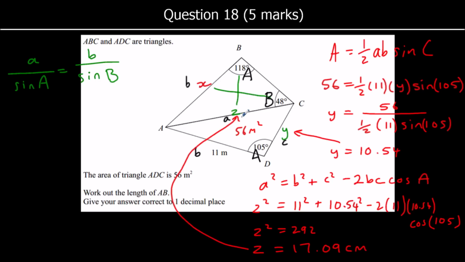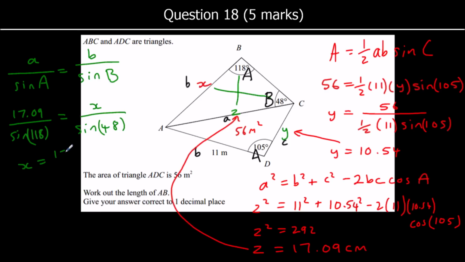So we have 17.09 over sine 118 is equal to x over sine 48. To get x by itself, at the moment it's divided by sine 48, so we do the opposite, and that's multiplying by sine 48.